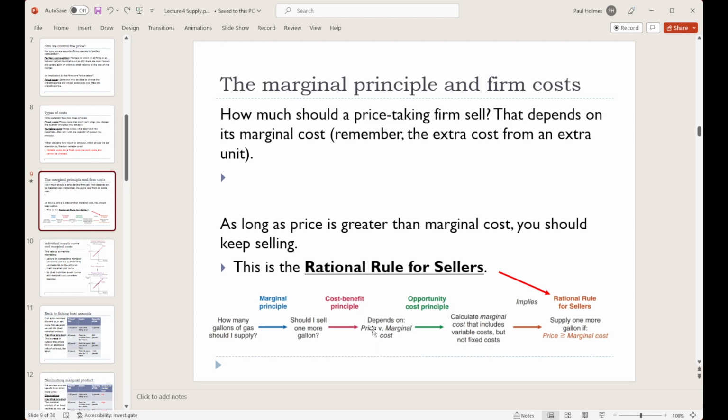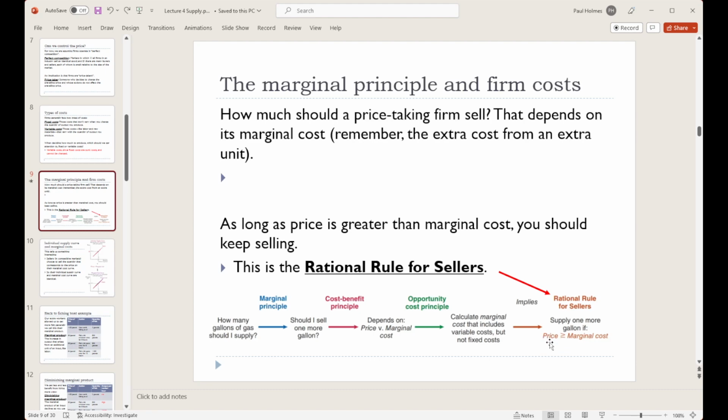So we'll think about the comparison between the price and the extra cost for selling that extra gallon, the marginal cost. We remember those marginal costs include only those things that we can change. That is, they only include variable costs. And so then we come to the decision of we sell one more gallon if our price is greater than or equal to our marginal cost.